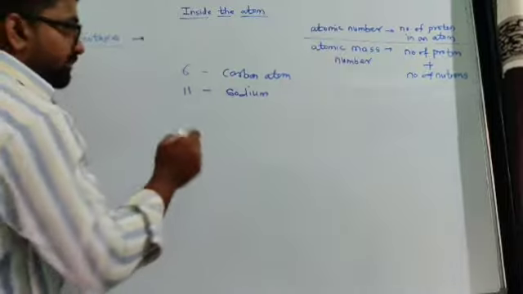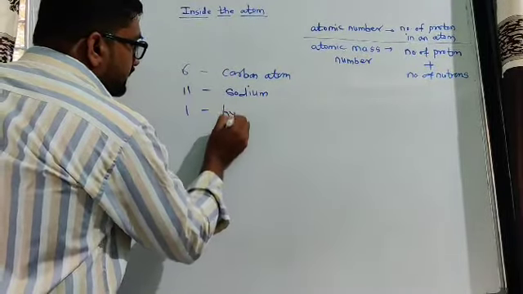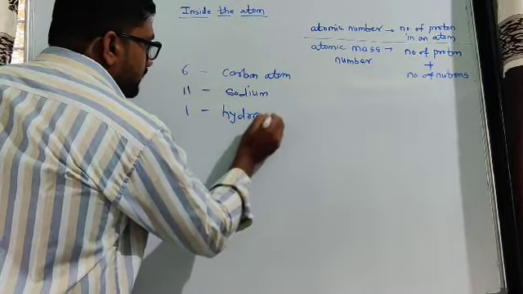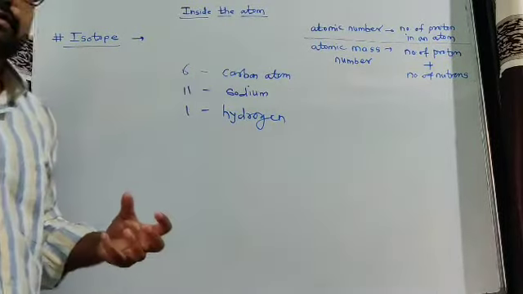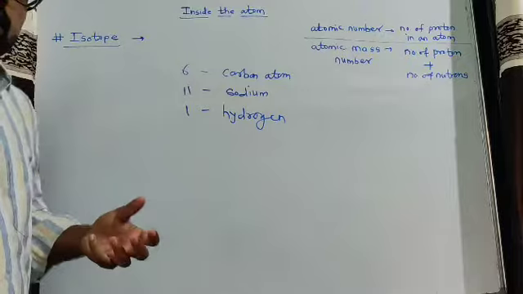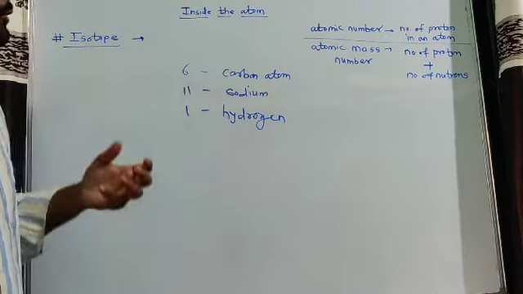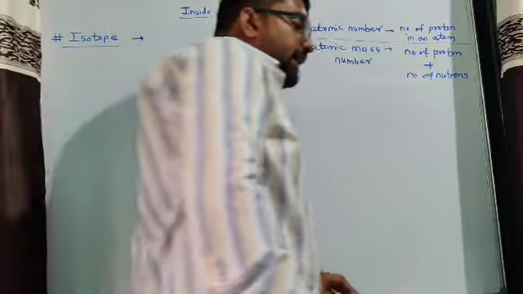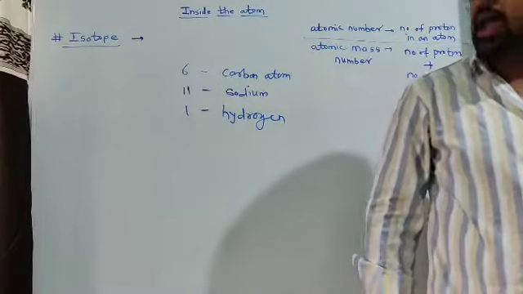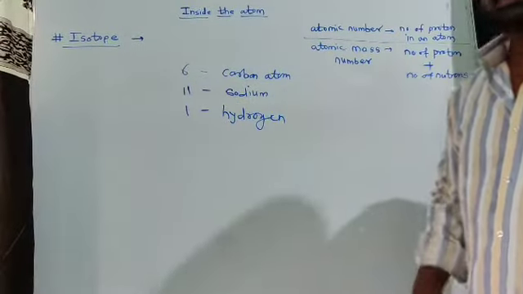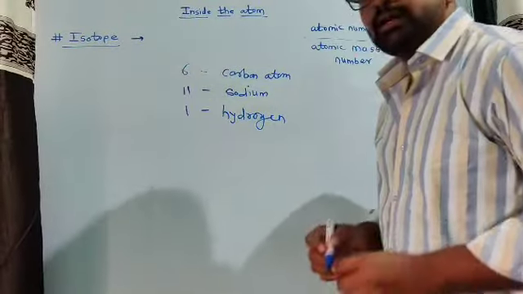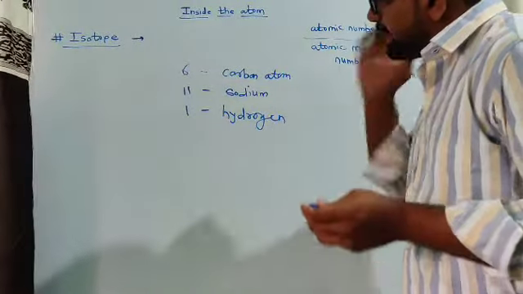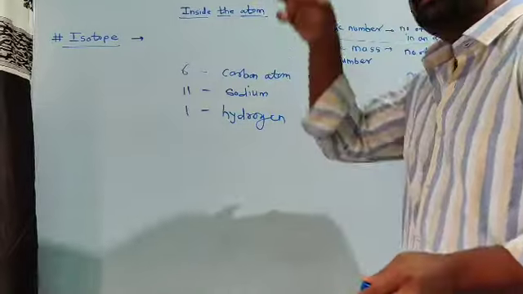If the atomic number is 1, then it is hydrogen. So the atomic number is a fundamental property of any element. We can know any element by knowing its atomic number. If we know the atomic number, then we can say that this atom has this name.